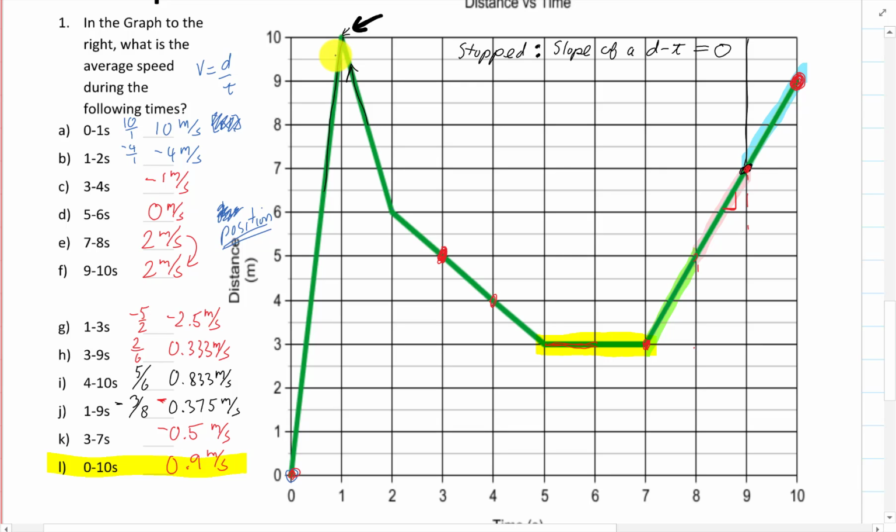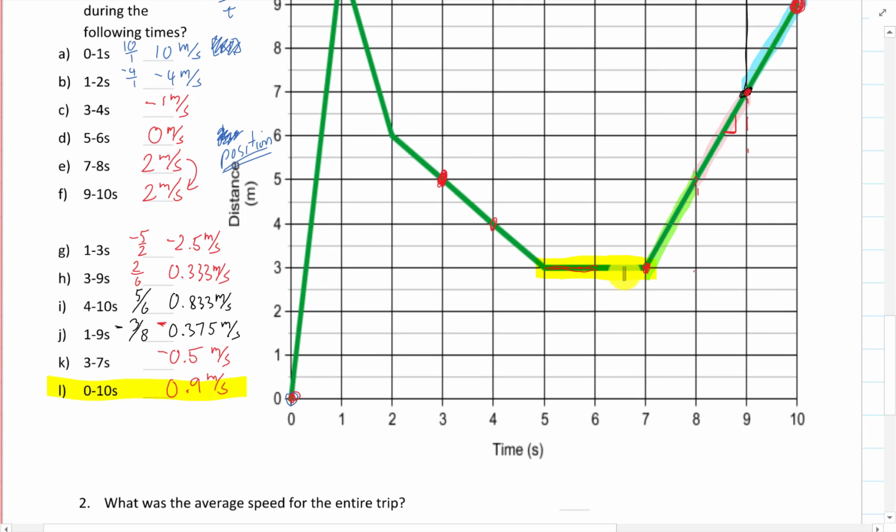So in physics land, unfortunately, this graph does not exist. We are using this as a learning tool. For instance, we can't be instantly stopped for 2 seconds and then instantly going at 2.